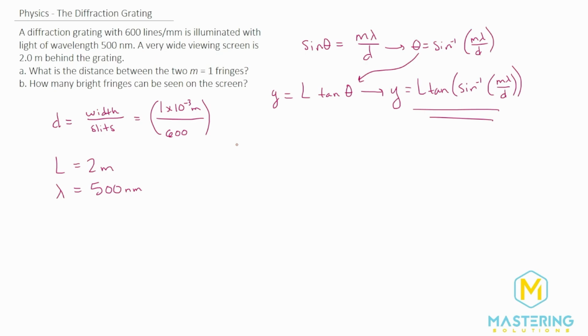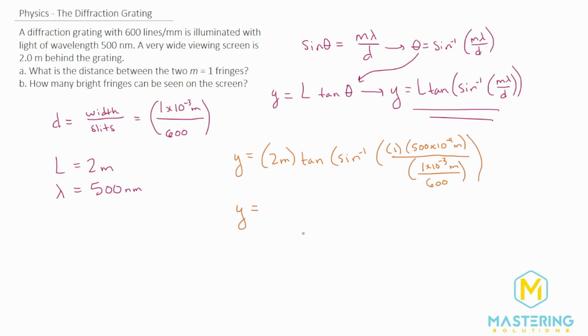So y is equal to L, which is 2 meters, times the tangent of inverse sine, and m is equal to 1. Lambda is 500 times 10 to the negative 9 meters, divided by d, which is 1 times 10 to the negative 3 meters divided by 600 slits.